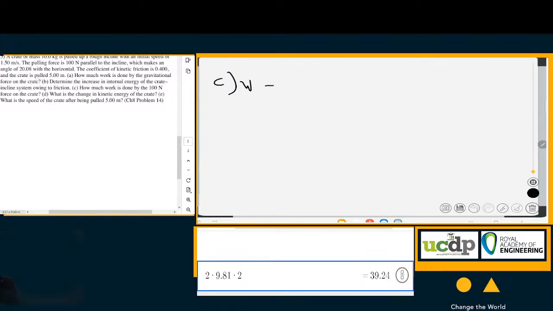So work is equal to force times distance. It's 100 newtons, distance 5 meters. The work is 500 joules.